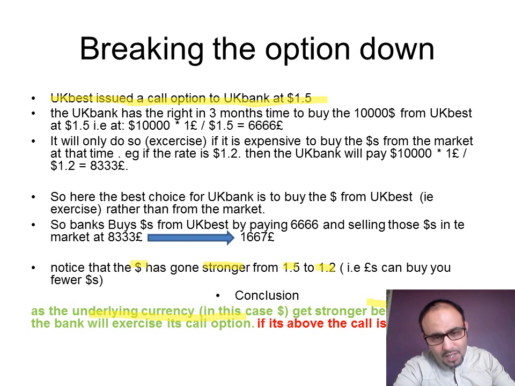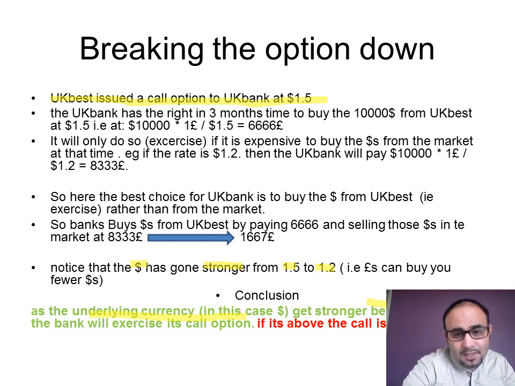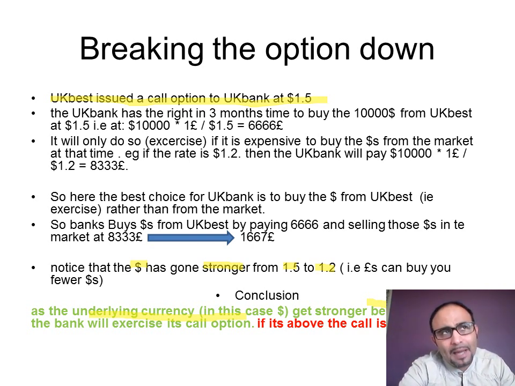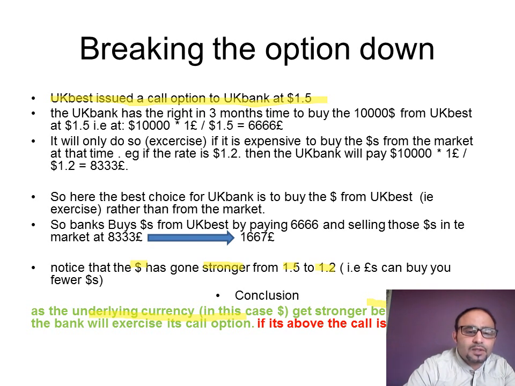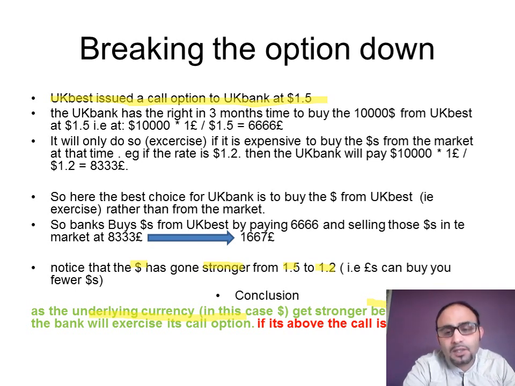So it will exercise its option with UK Best, making the bank save £1,667. We should notice that the dollar has gone stronger from 1.5 to 1.2, i.e. the pound can buy you fewer dollars.